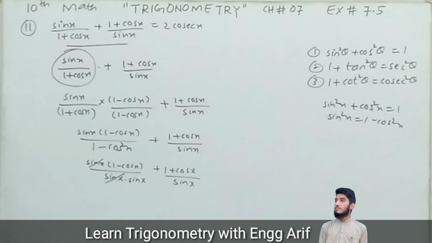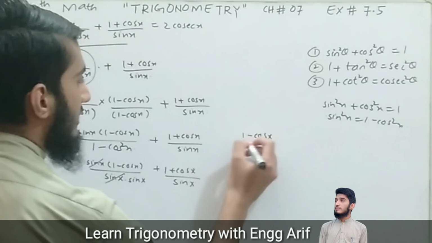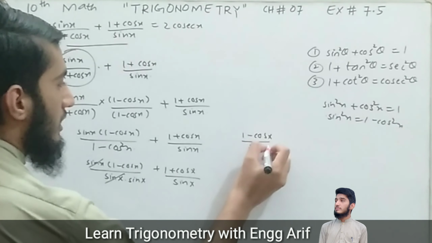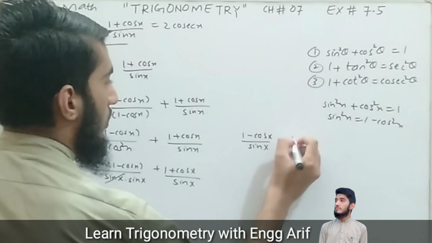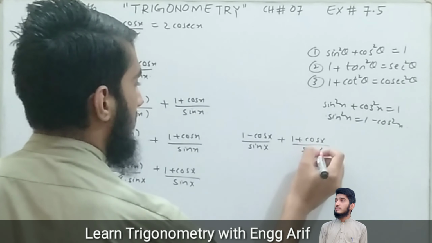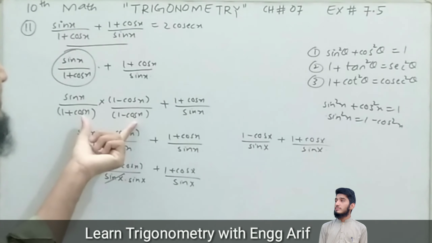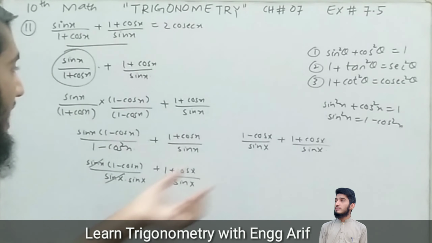One sin x cancels out with one sin x. We are left with 1 minus cos x divided by sin x and plus 1 plus cos x divided by sin x. Why do I do the method like this, that rationalize the first fraction and apply the same logic?